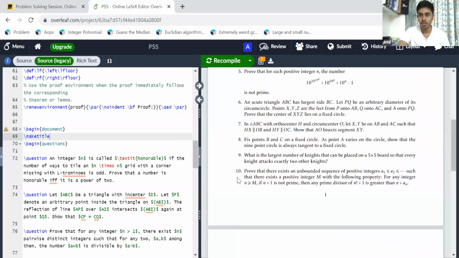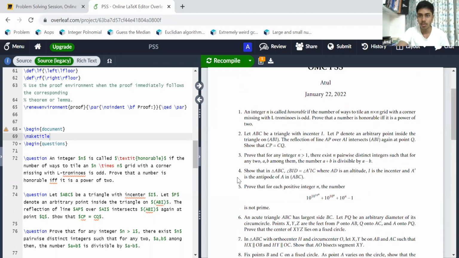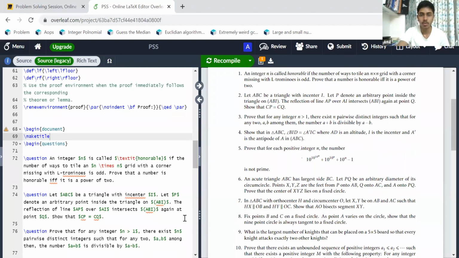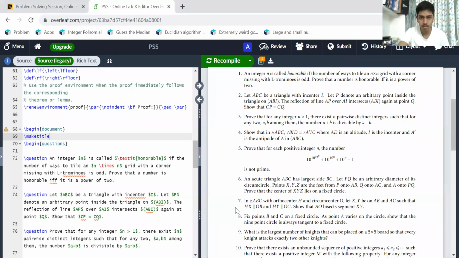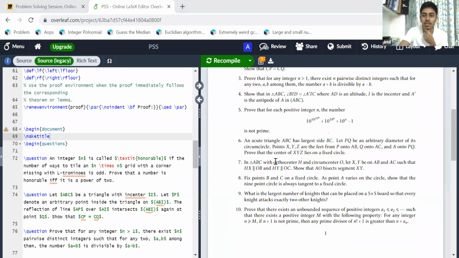So which problem now? I'll just keep scrolling through these. The second one. Okay, one vote for 2, one for 5, one for 6. 4. This is like 3.